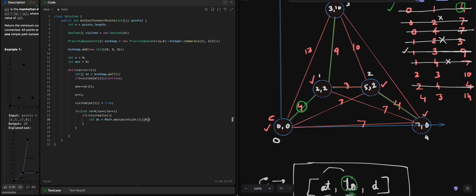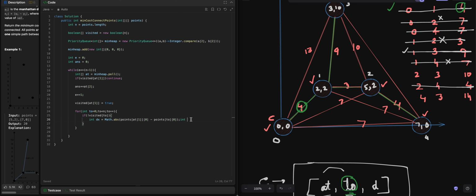So x would be represented at the 0th index, minus points of 2 of 0. So this is from 2, from edge to the given edge, and we are subtracting the x, x1 minus x2 here we are doing.